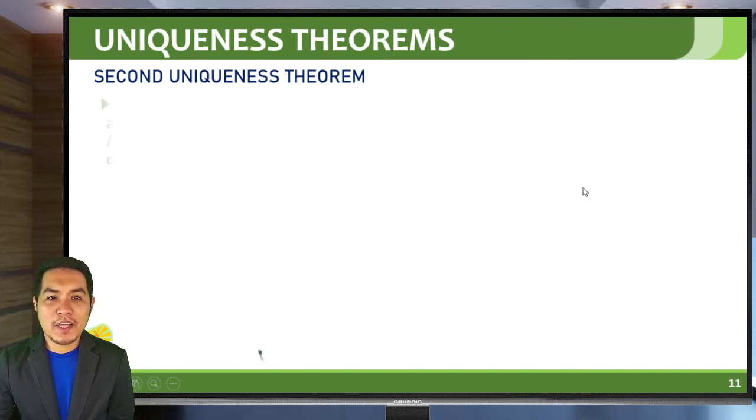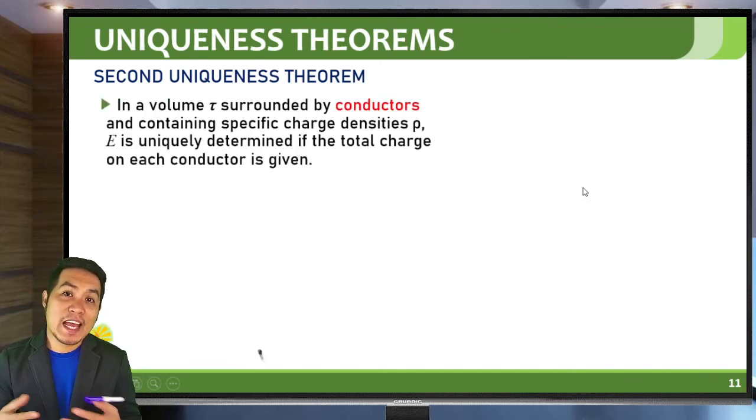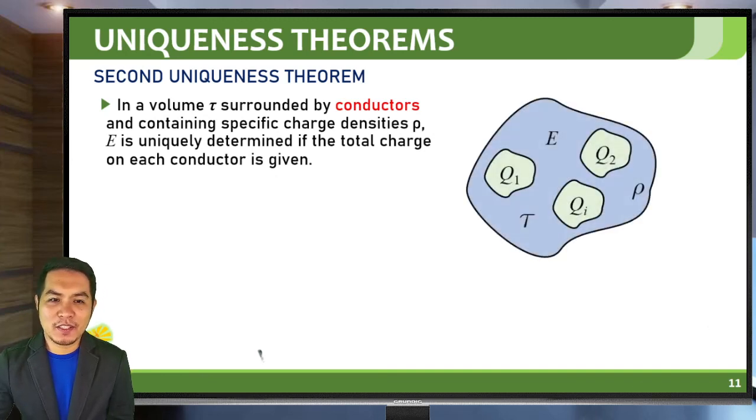For the second uniqueness theorem, this pertains to the electric field and conductors. In a volume tau surrounded by conductors containing specific charge densities rho, the electric field can be uniquely determined if the total charge on each conductor is given.